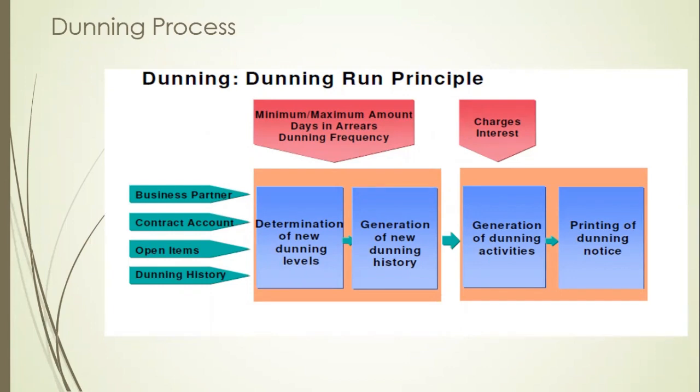And finally, a print notice is generated for the customer. These days, they generate the SMS or they generate the PDF emails also for the customers. So based on the open items, they do this and they keep all these details as dunning history, because it will impact your credit worthiness.